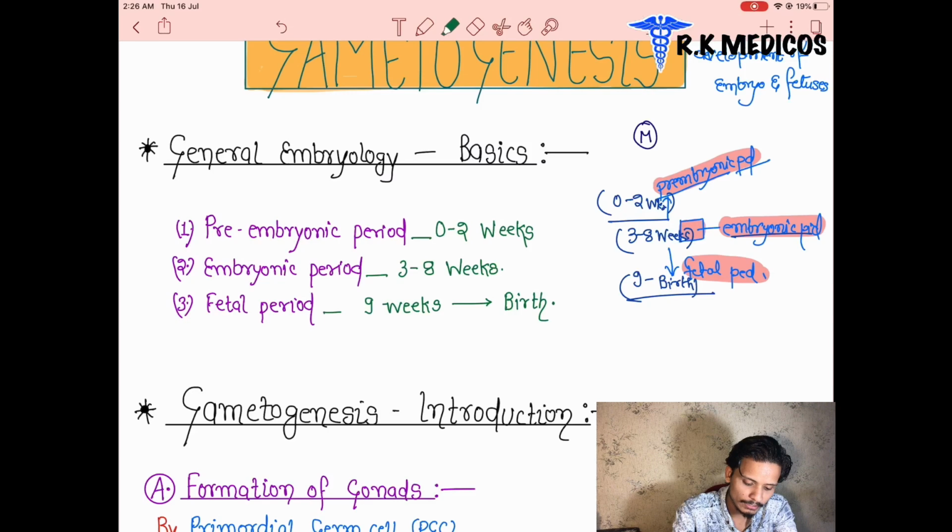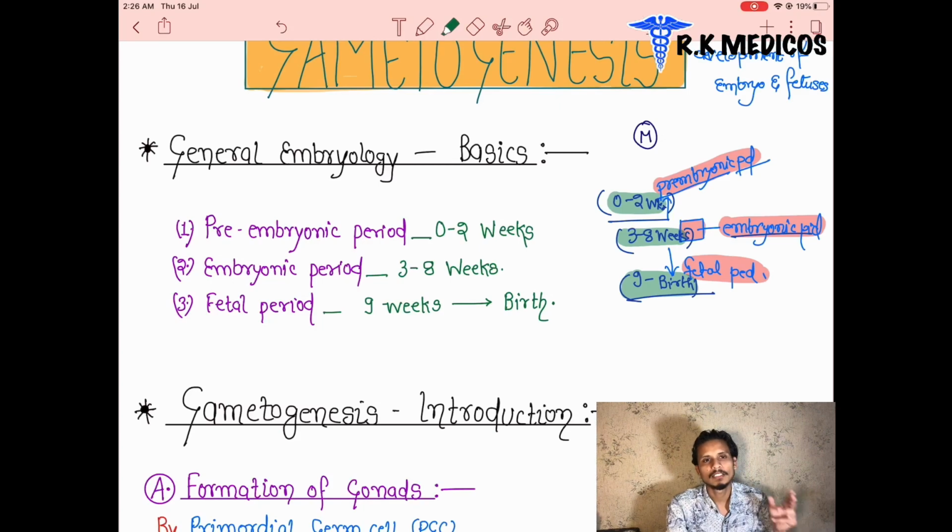The pre-embryonic period is 0 to 2 weeks, the embryonic period is 3 to 8 weeks, and after that, from 9 weeks until birth, is the fetal period.